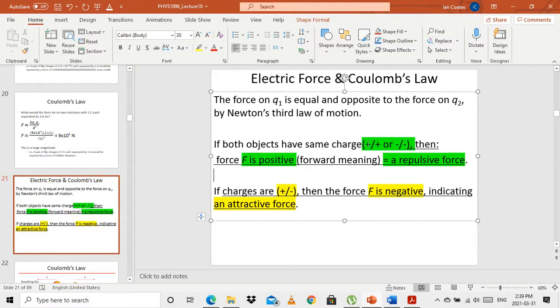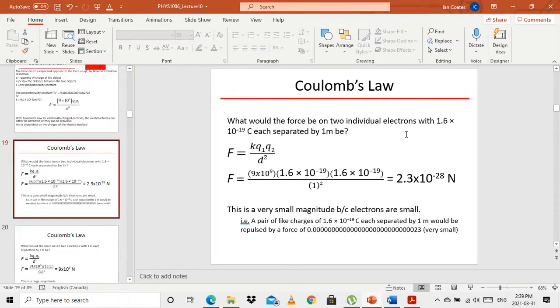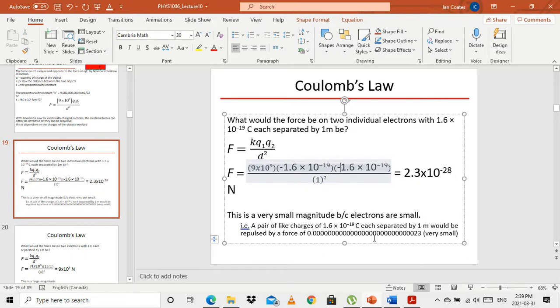Now remember, I'm going to give you a charge for each of, in this case, 2 individual electrons with this charge. But what's going to happen here is that's negative and that's negative. Negative times a negative is a positive. So that's how we know that this repels, because the force is positive.